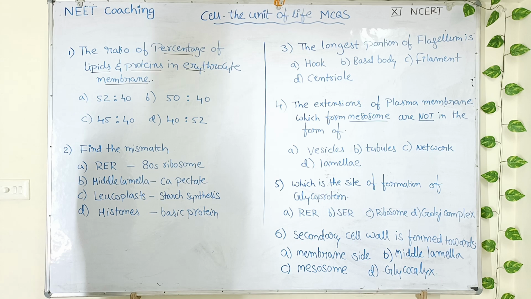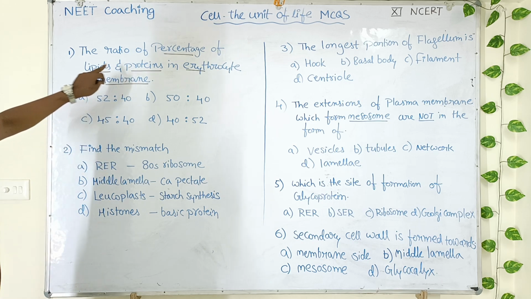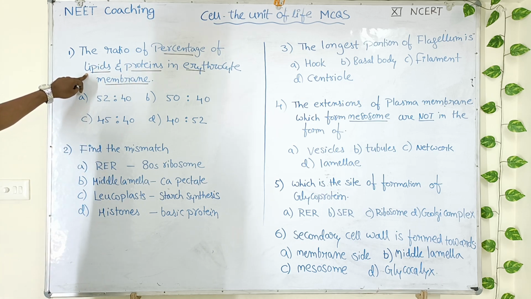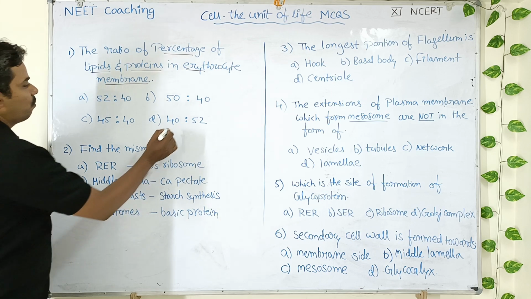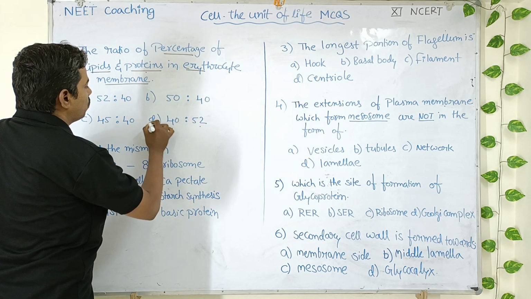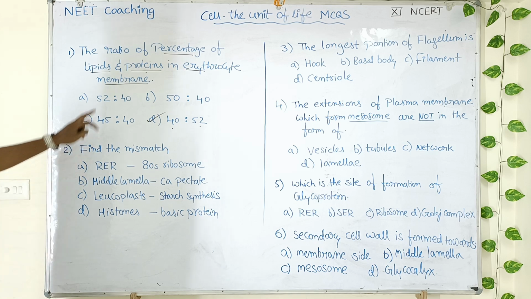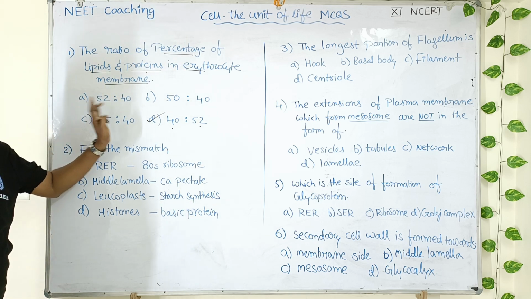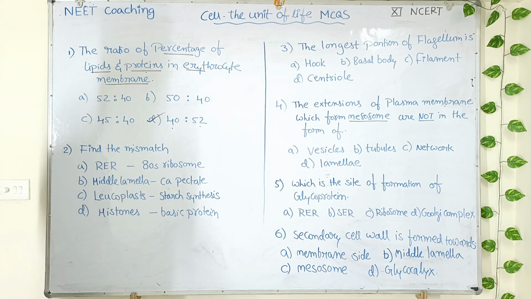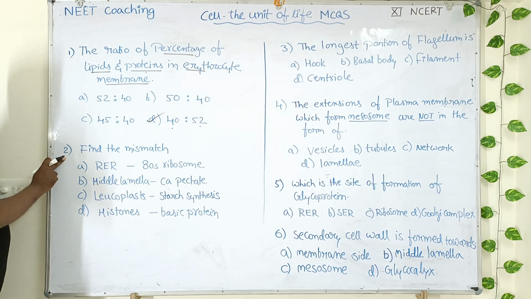Protein will be 52% and lipid will be just 40%. So lipids will be 40, proteins will be 52. D is the correct option. Okay, it is not 52 is to 40.